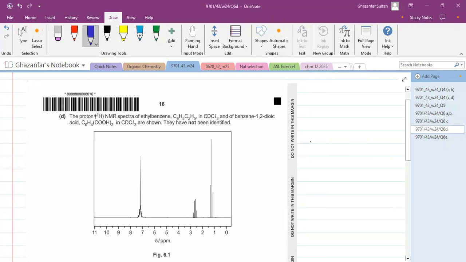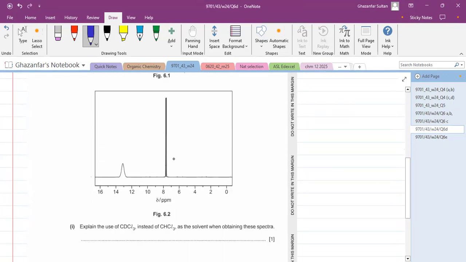Now this is part D of the same question, that proton NMR spectra of ethyl benzene. Ethyl benzene is not diethyl benzene. Ethyl benzene is this, CH2, CH3. And benzene 1,2-dioic acid.